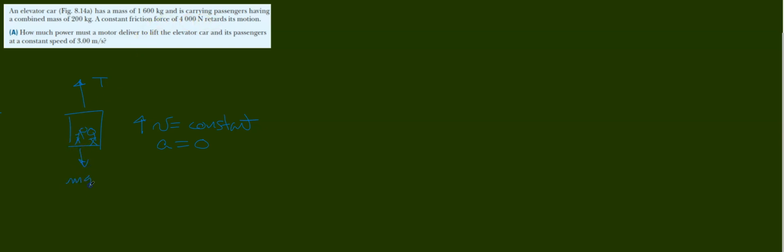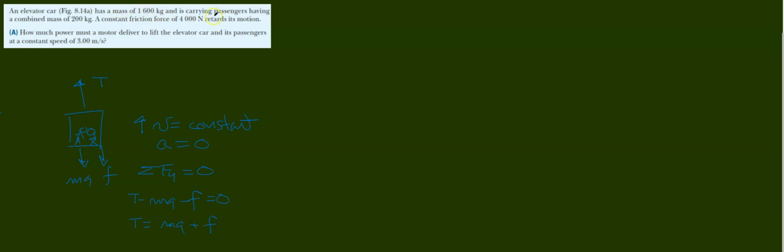So there's going to be the weight, and there's also going to be friction. If we add all the forces in y, this must be equal to 0 because there's no acceleration. So tension going up minus the weight minus the friction must be equal to 0. So the tension is the weight plus the friction.